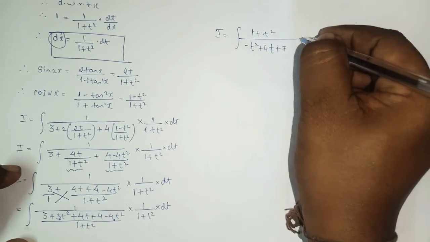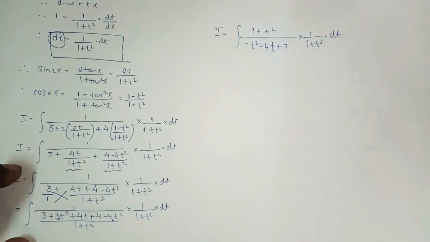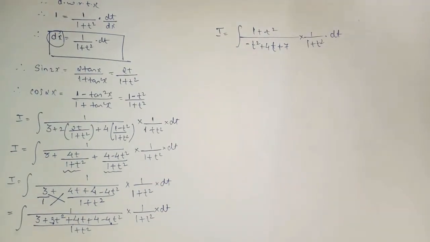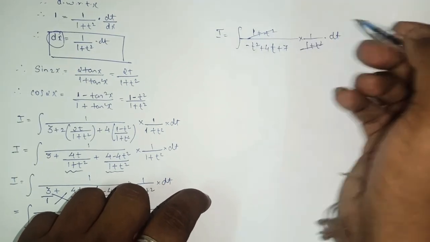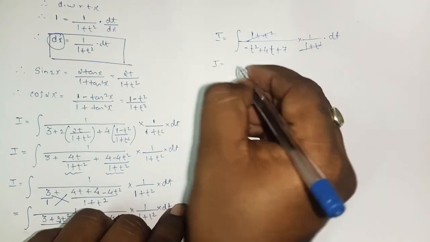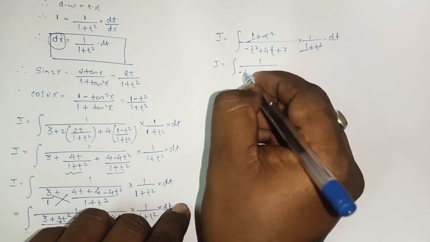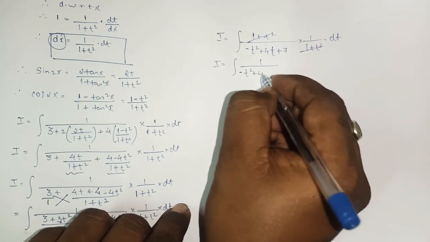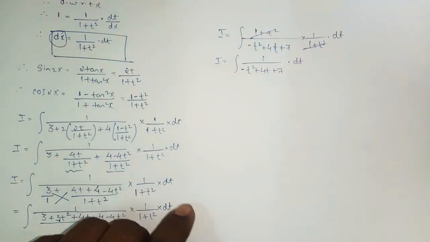Yes or no? Into 1 upon 1 plus t square into dt. So now clearly we can see that 1 plus t square is common. So I will be equal to 1 upon minus t square plus 4t plus 7 into dt.